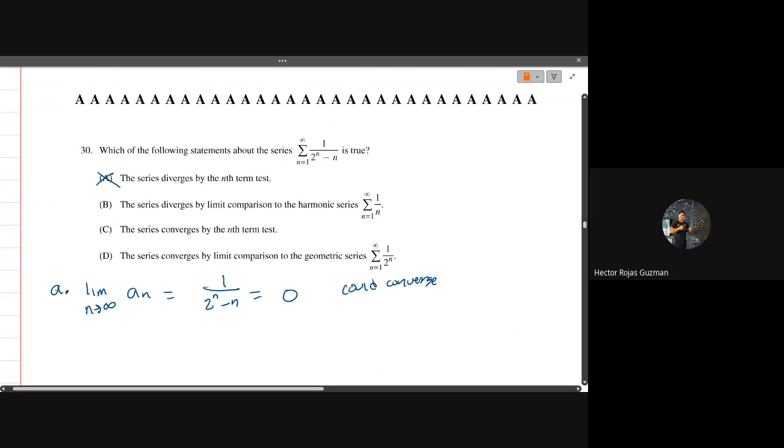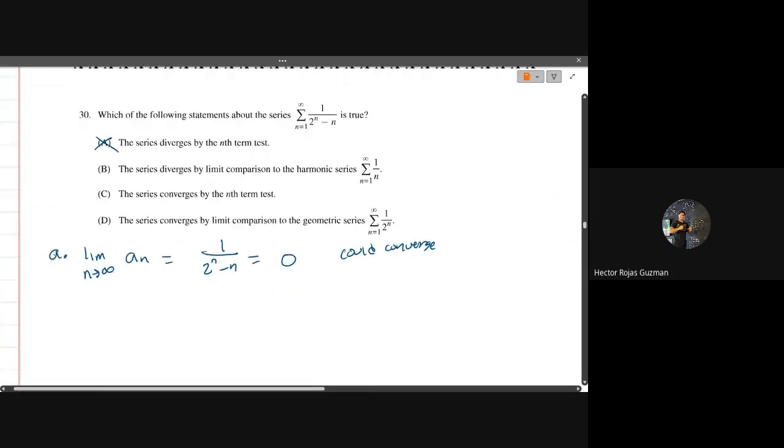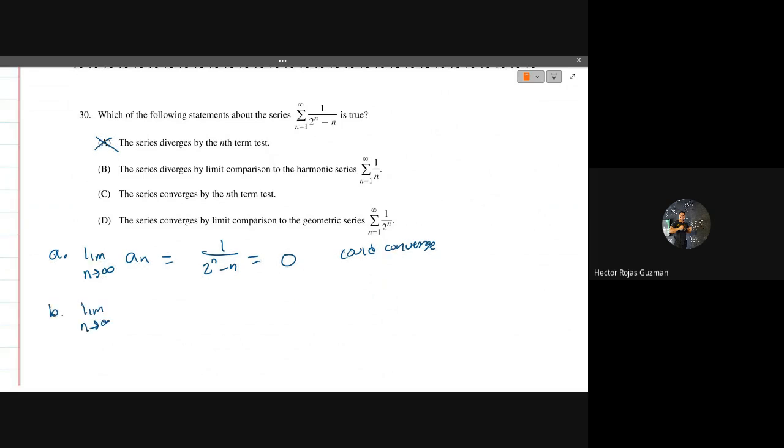So B, the series diverges by the limit comparison test. For the limit comparison test, we're going to take the limit to infinity. Almost done, ladies and gentlemen. We're going to take the limit as n approaches infinity of b of n divided by a of n. B of n is the one that we're using to compare it.